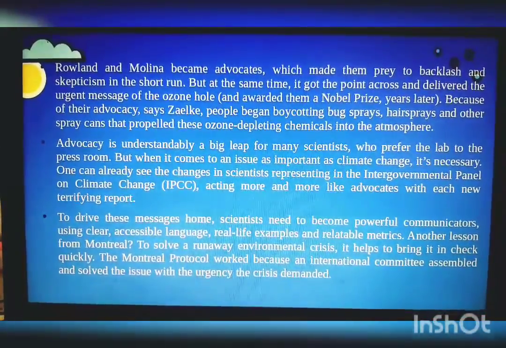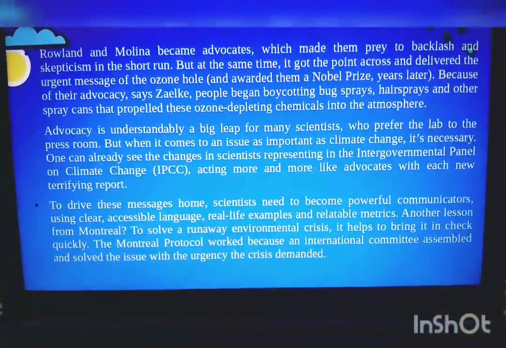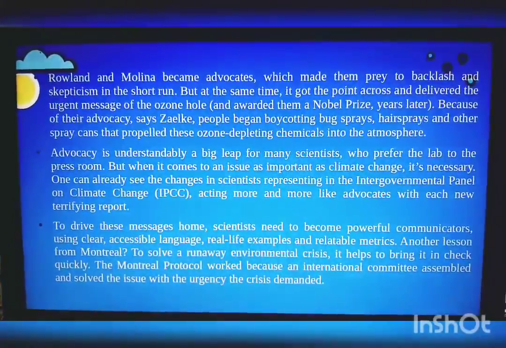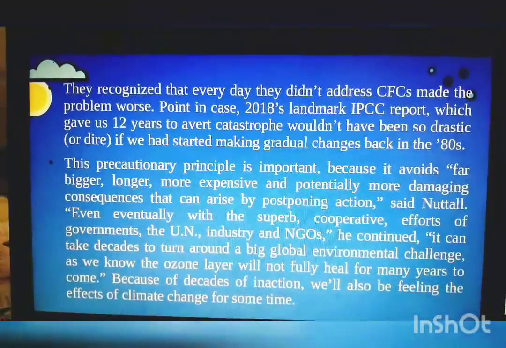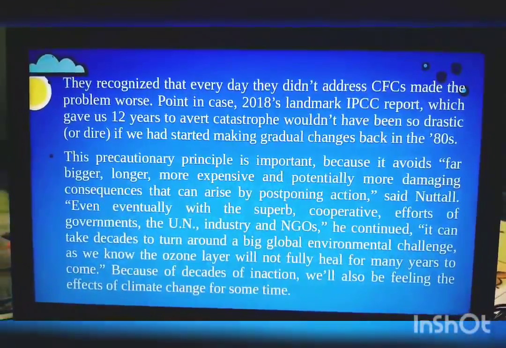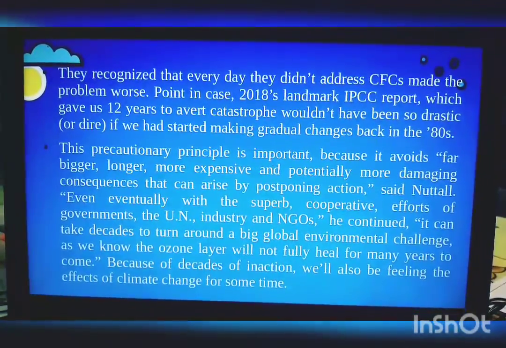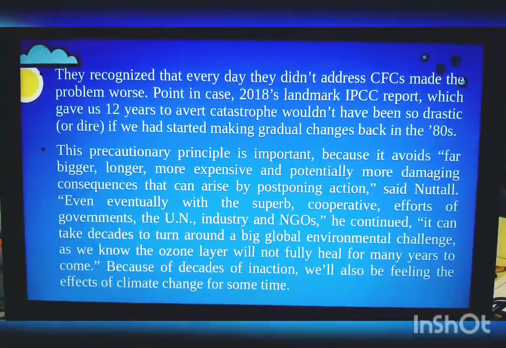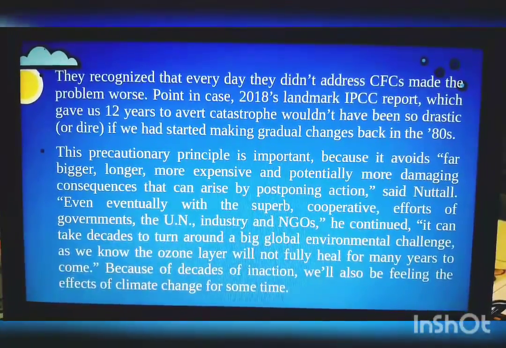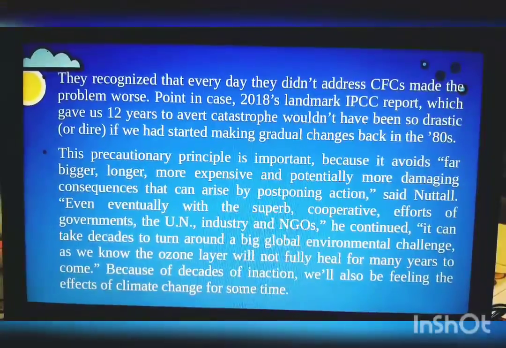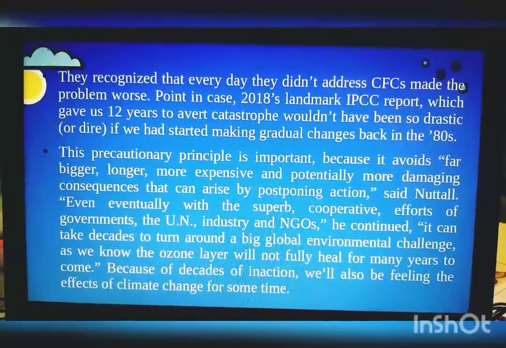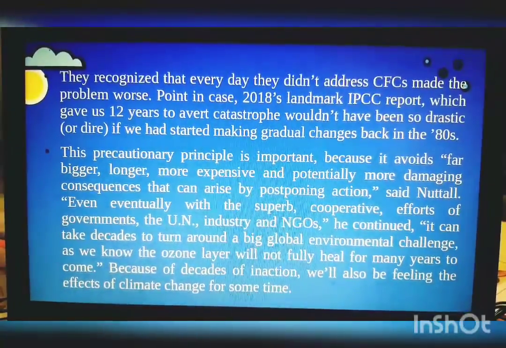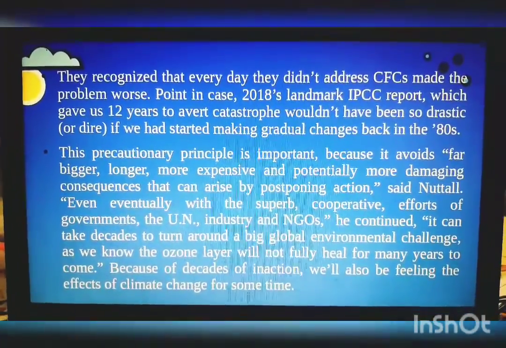The Montreal Protocol worked because an international committee assembled and solved the issue with the urgency the crisis demanded. They recognized that every day they didn't address CFCs made the problem worse. Case in point, 2018's landmark IPCC report, which gave us 12 years to avoid catastrophe, wouldn't have been so drastic if we had started making gradual changes back in the 80s.